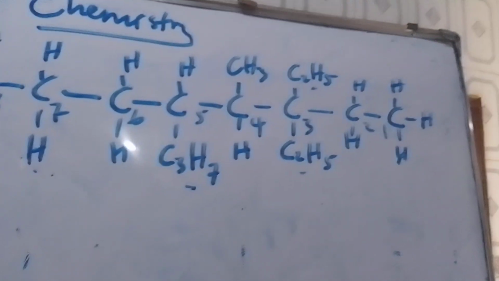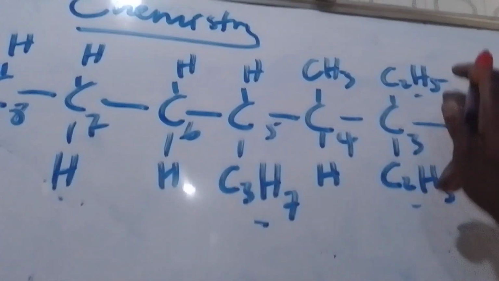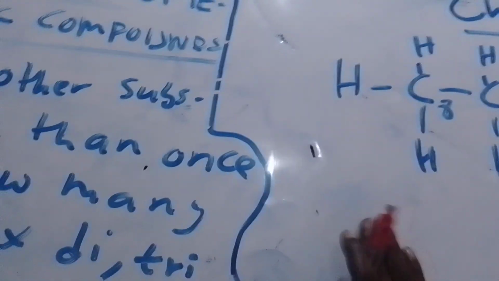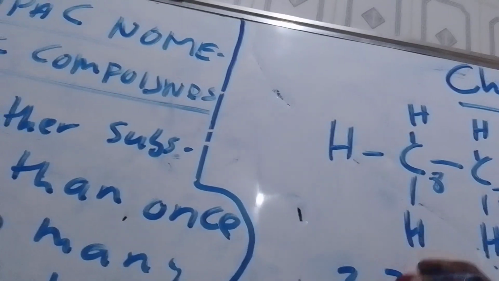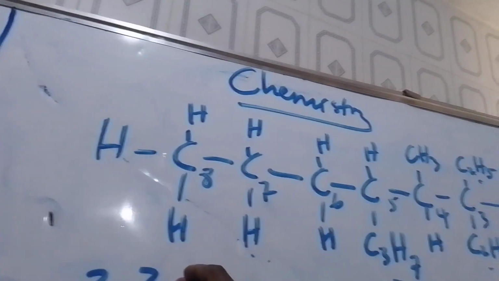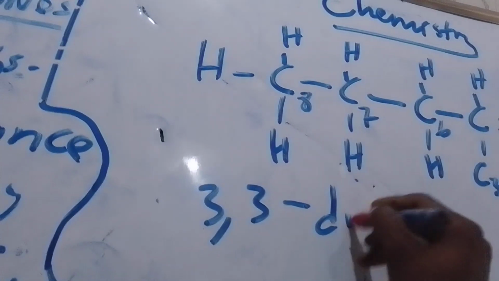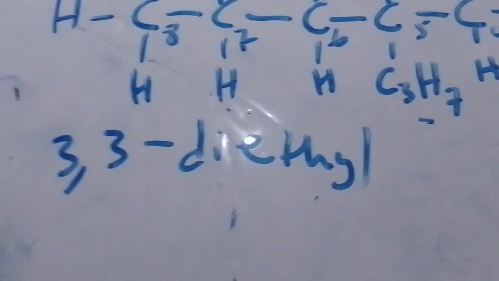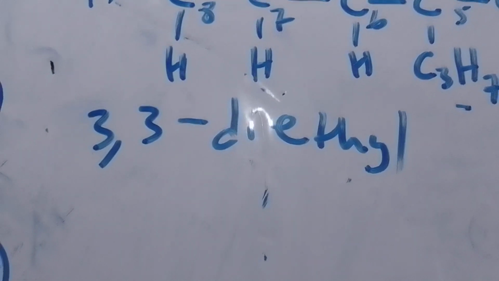Now if I want to name this compound, we have 2 ethyl present in 2 places. So that will be 3, because we have ethyl present on carbon atom 3 in 2 places. Because there are 2, we use di ethyl. The reason why we start with ethyl is because we are asked to name in alphabetical order. So 3,3-diethyl.